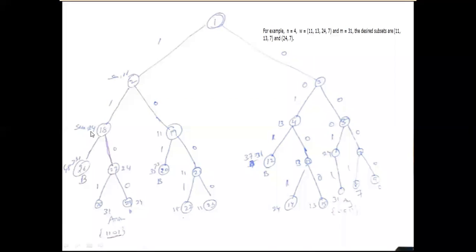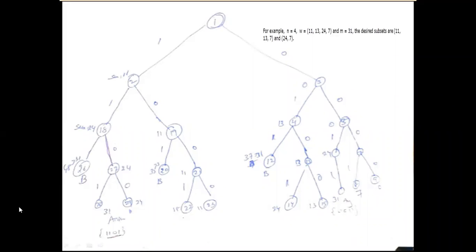So sum equal to 24, which means 11 plus 13 is 24. So the 18th node represents sum equal to 24, and 24 is less than 31.